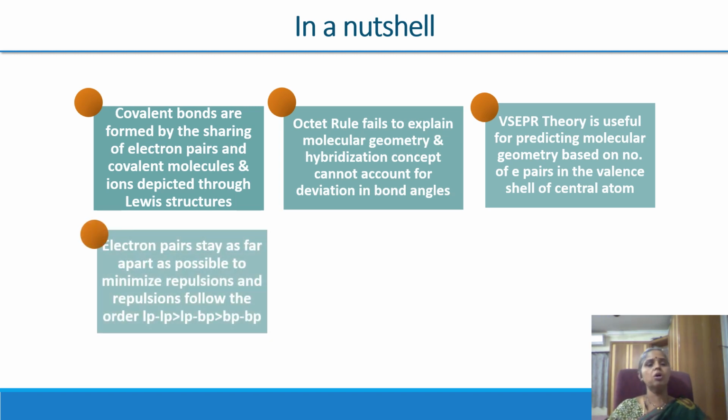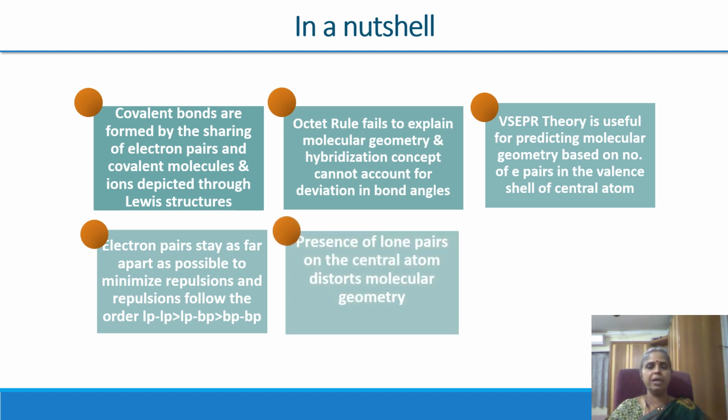And we have also learnt that electron pairs stay as far apart as possible to minimize repulsive interactions, and the order of repulsions is lone pair repulsions greater than lone pair bond pair repulsions, which are greater than bond pair repulsions.